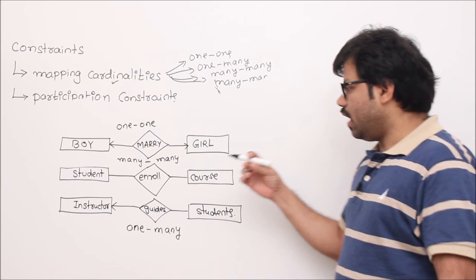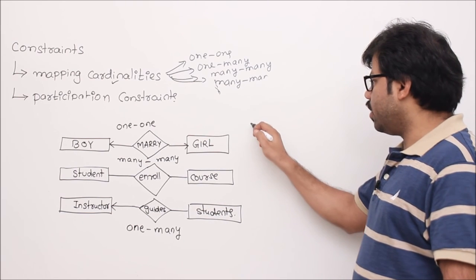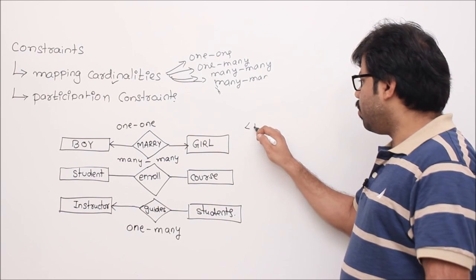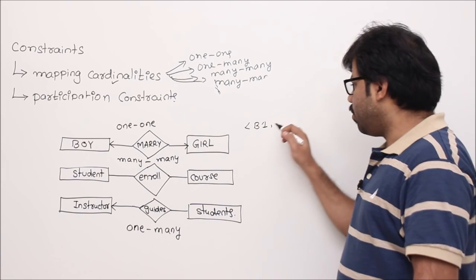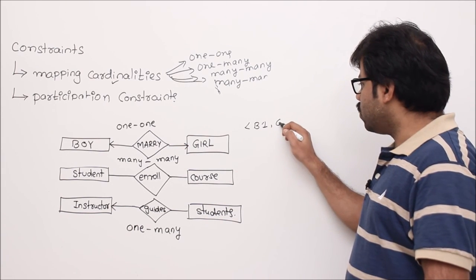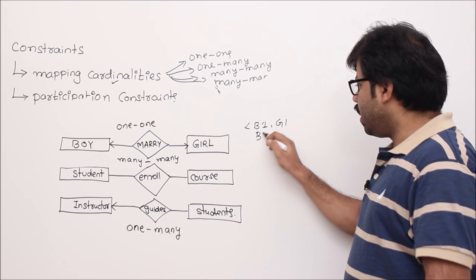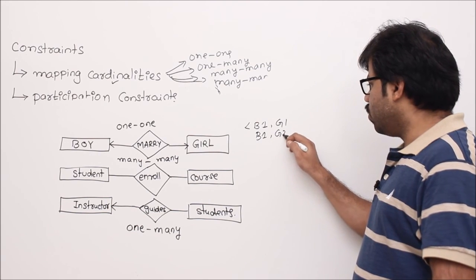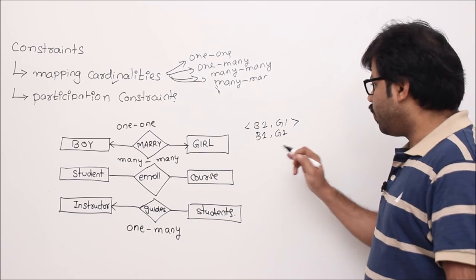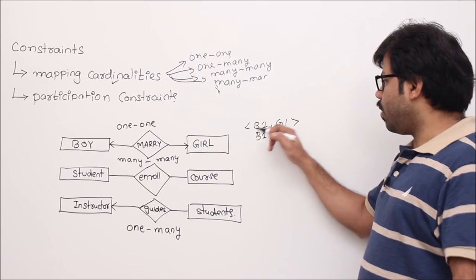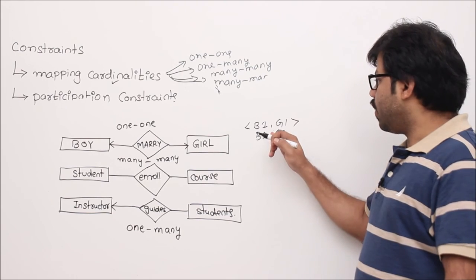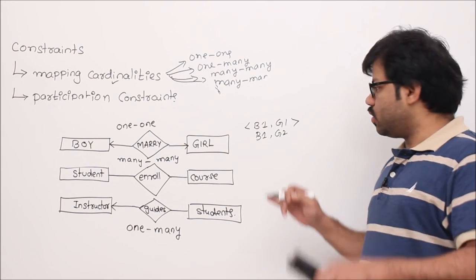So when can it become many to many, I will tell you. Example, whenever a boy B1 has an entry in the relationship I am talking about, if B1 is associated with girl 1, then again B1 is associated with girl 2, then this is definitely not one to one. Then it will become, see, one boy is going to marry multiple girls. That's why it will become one to many so far.